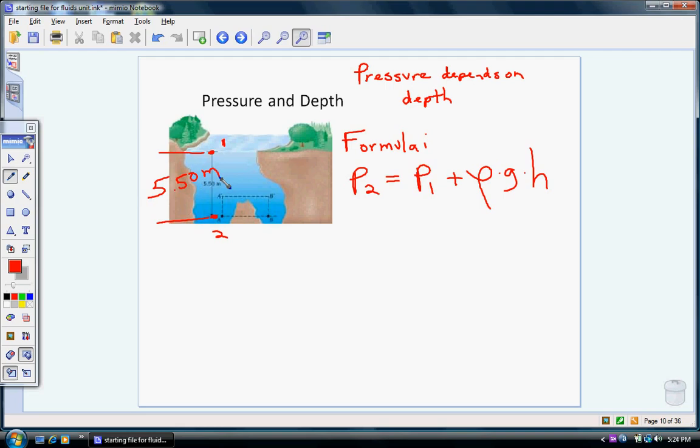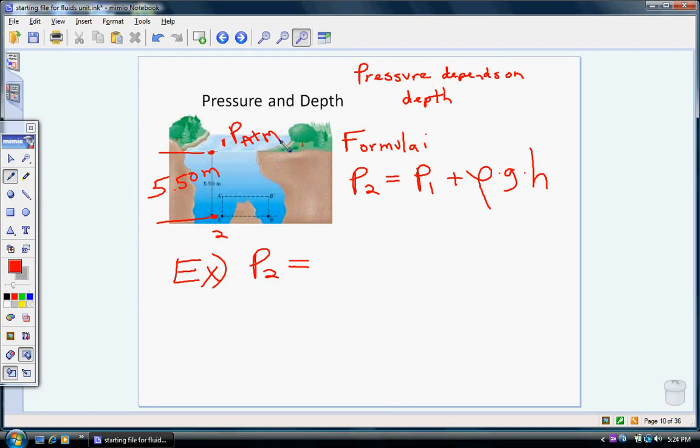So if you wanted to figure out the pressure down at this lower point in the water, basically the pressure at this lower point would be equal to the pressure at the top right here. Well, the pressure at the top right here is atmospheric pressure.